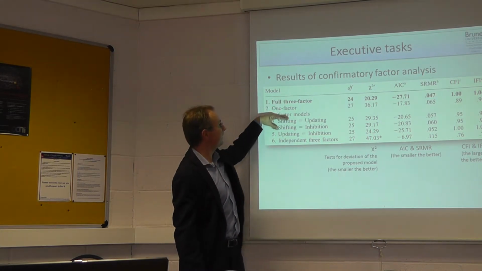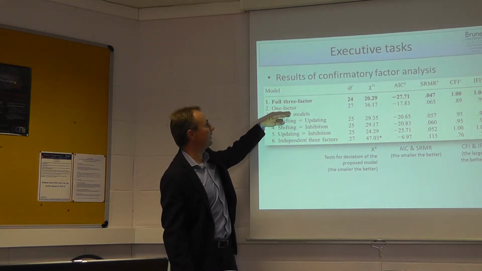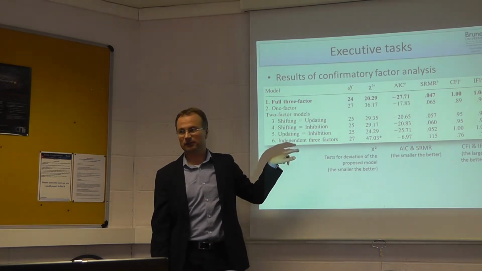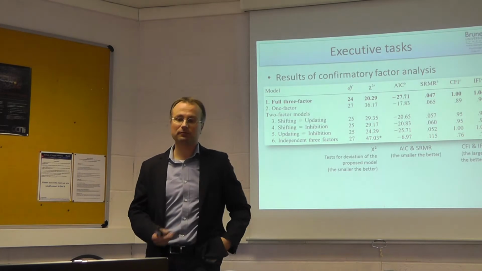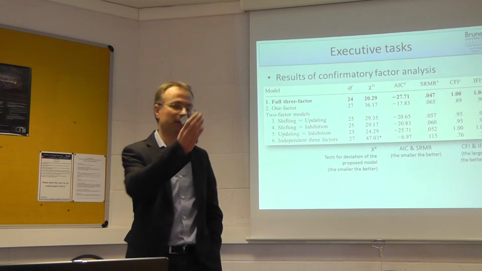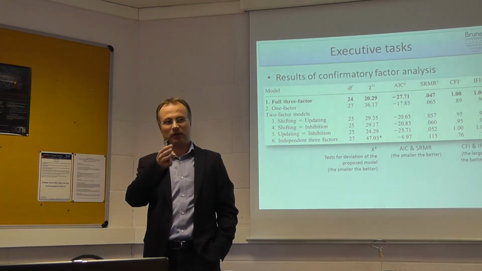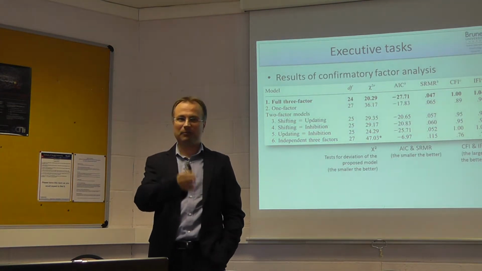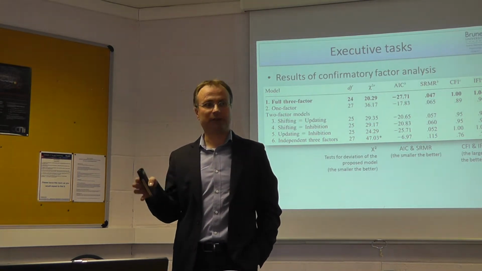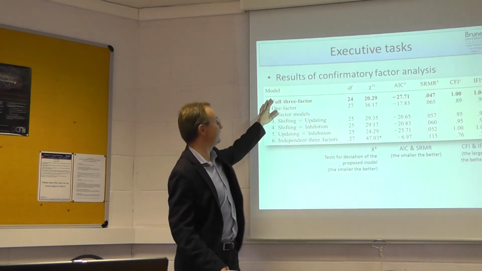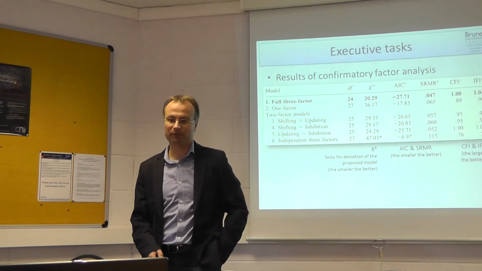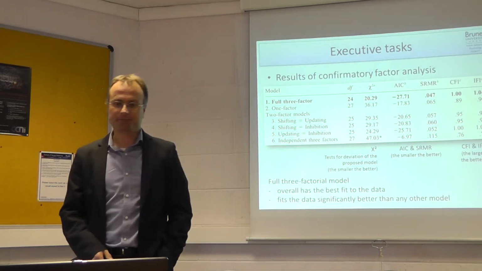And when you compare the models against each other, this one is always significantly better than the others in describing your data. So it actually is the best model. It really seems that the 3 proposed functions of updating, shifting, and inhibition are 3 separate variables, because when you don't treat them separately, you can't describe the data you observe very well.